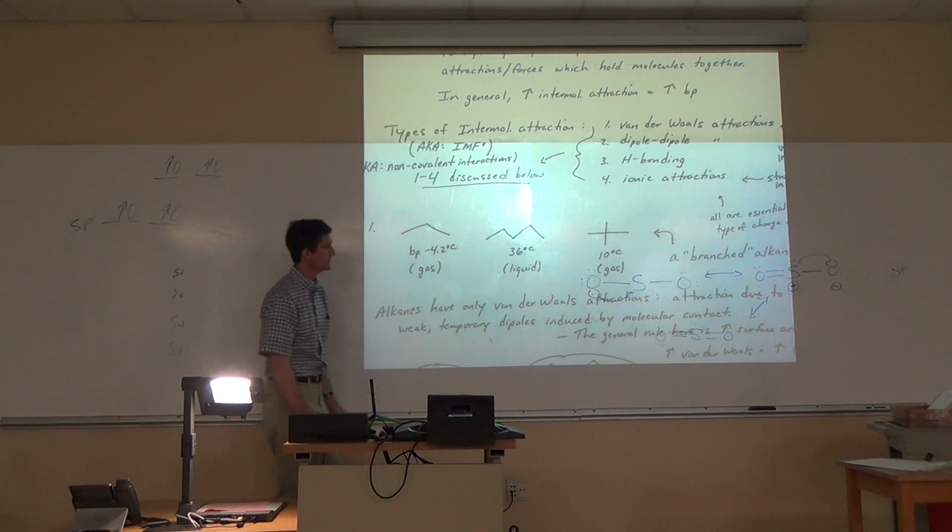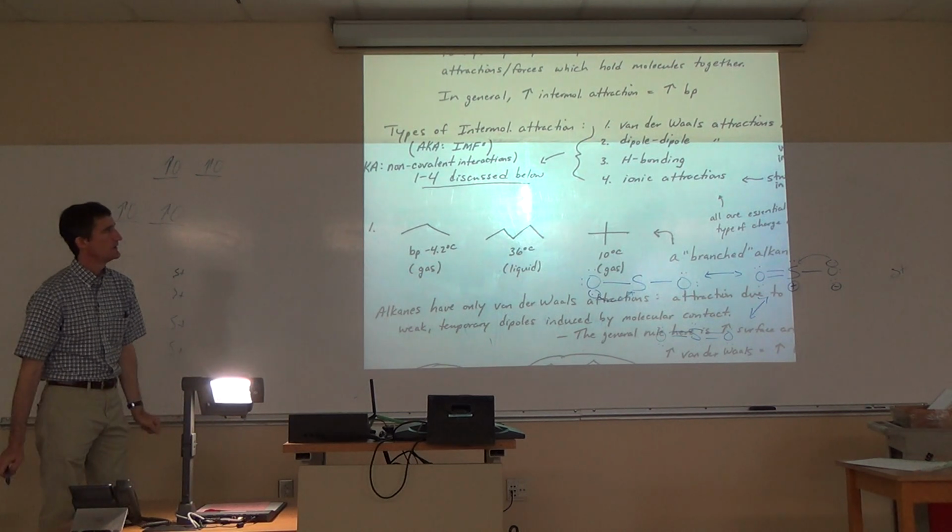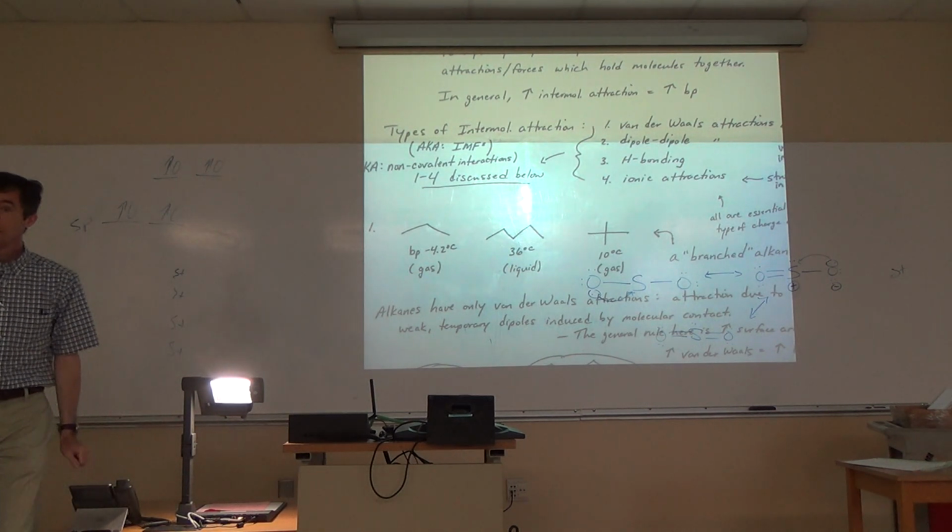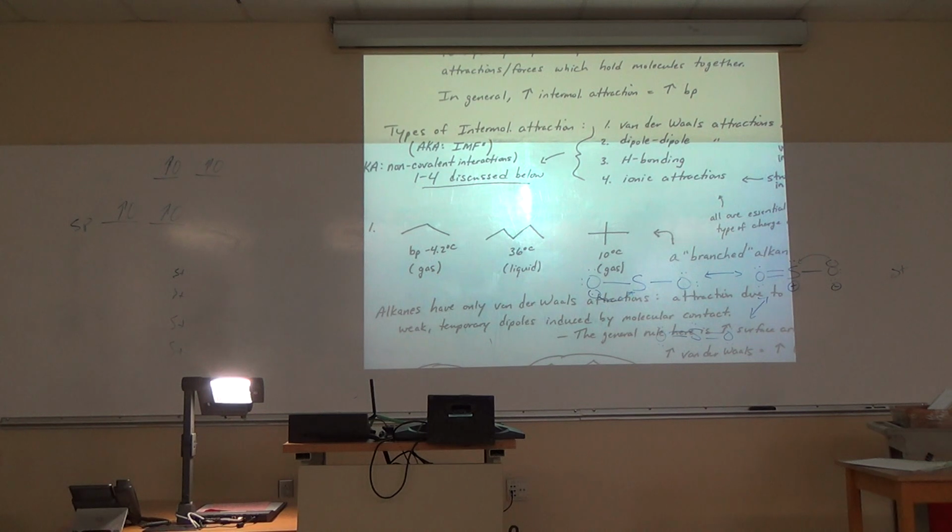Why is this one higher? There's more interaction. There's more IMFs? Yes. That's the answer for any of these questions. But you're right, there's more IMFs. That's the first point. But then my question becomes, well, explain. What type of IMFs?